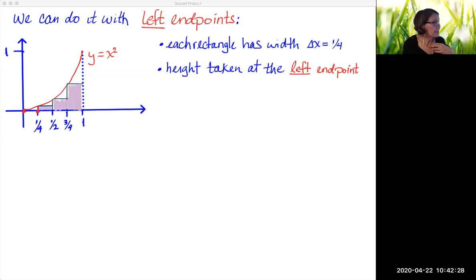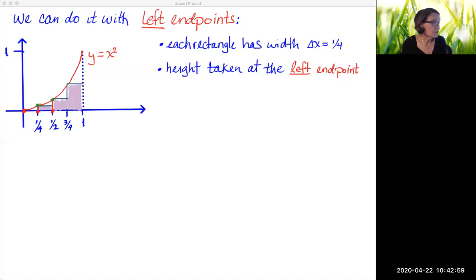The second rectangle, we're using the left endpoint. So the height, you can kind of see it. We're choosing the y-coordinate of that point on the curve. The third rectangle, we're using the left endpoint, 1/2, and the height will be the y-coordinate of that point on the curve.